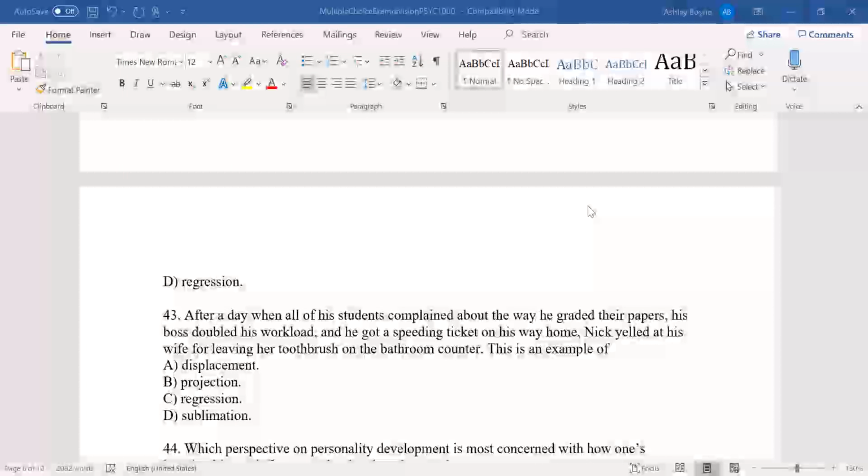And yes, you all are right. Prevalence does refer to the percentage of persons within a population who exhibit the symptoms of a particular disorder.